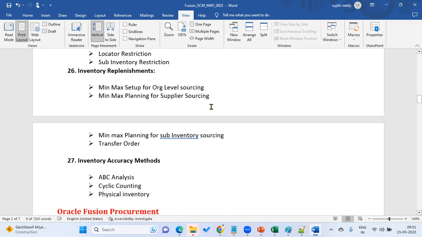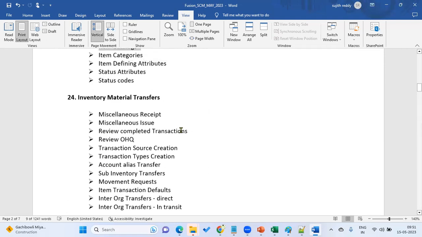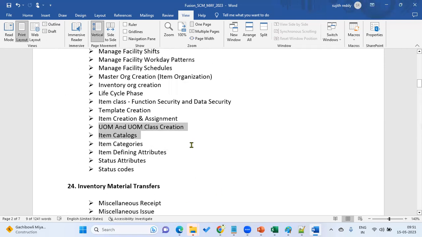I configured the planning setups for min-max with sub-inventory, with inventory, and with supplier sourcing, with in-transit transfer orders. Like that, we are going to explain whatever we have done in our syllabus, in our training.